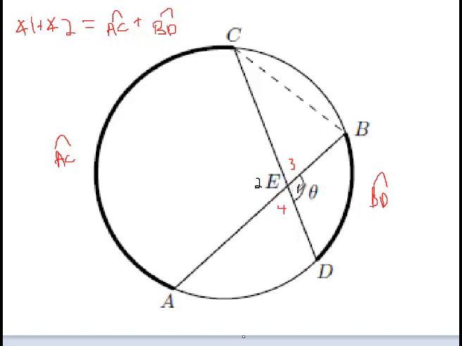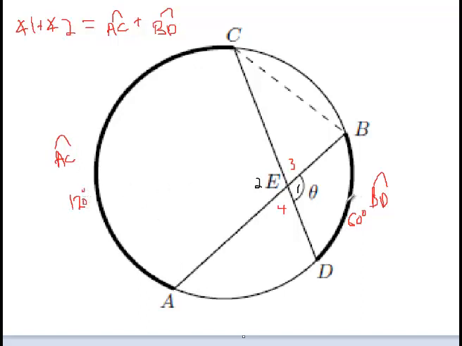Angle 1 doesn't equal arc BD because it's not a central angle, but when you combine the areas swept out by these two angles, regardless of the fact that these are not central angles, they have to equal the entire amount of the arc. Whatever arc is swept out over here, for example, let's say this arc BD is 60 degrees, and arc AC is 120 degrees, for argument's sake.